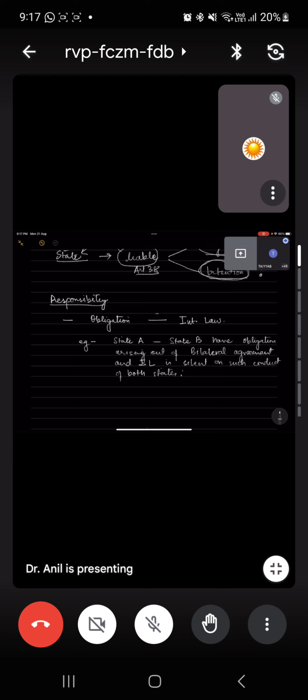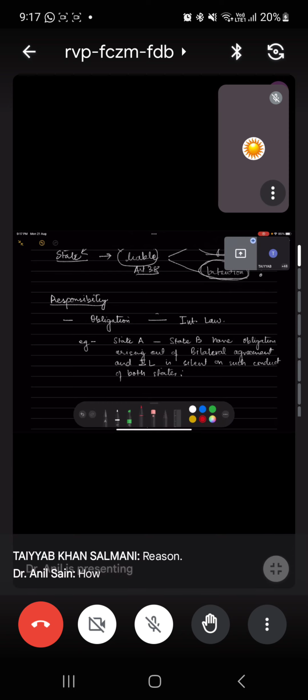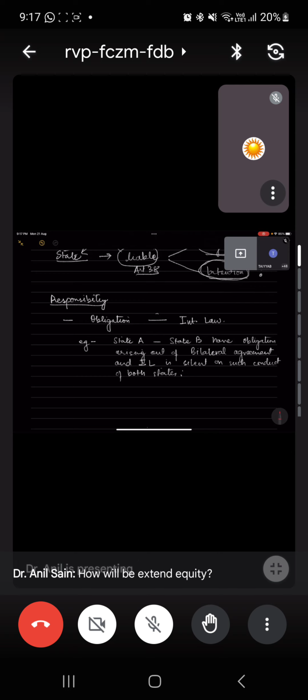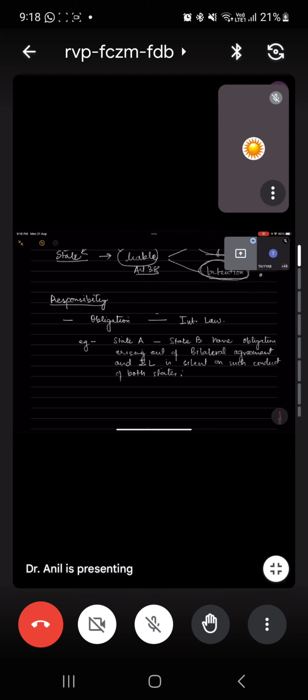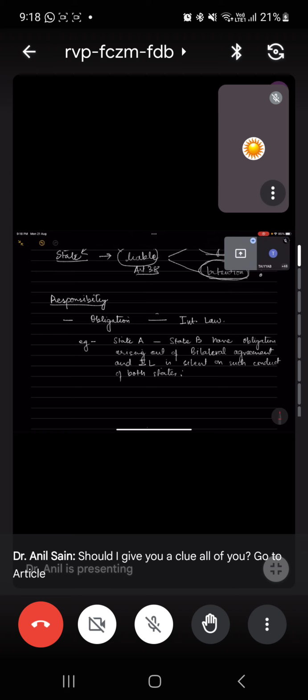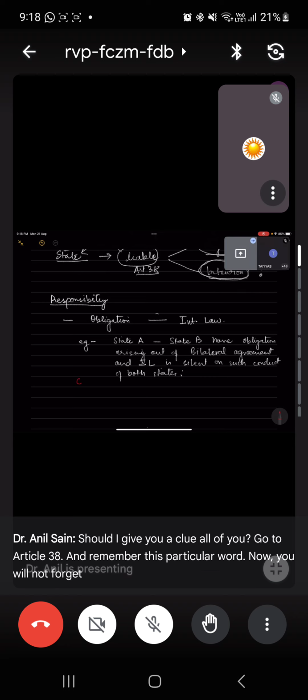Then on equity, sir. How will we extend equity? Should I give you a clue, all of you? Please go to Article 38 and remember this particular word. Now you will not forget. This is important. What does it say?